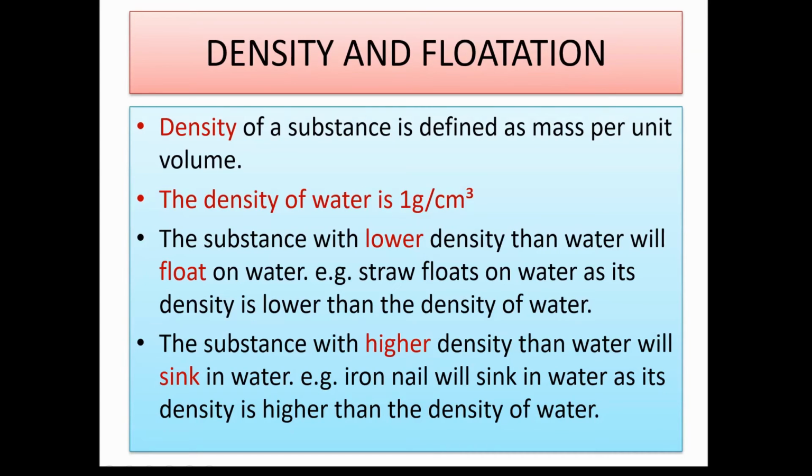A substance like iron, the density is more than water and hence it will sink in water. So, it is not the weight of the substance, but it is the density of the substance that decides whether something will float on the liquid or sink in the liquid.